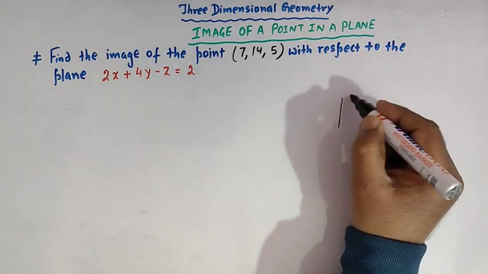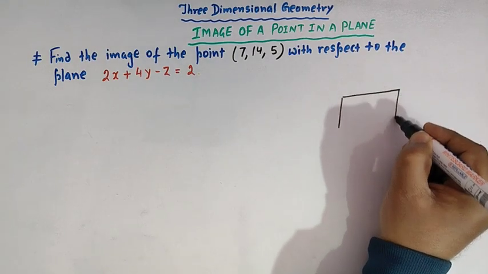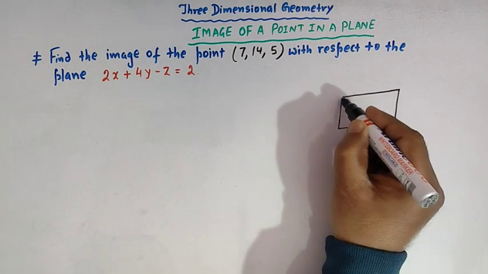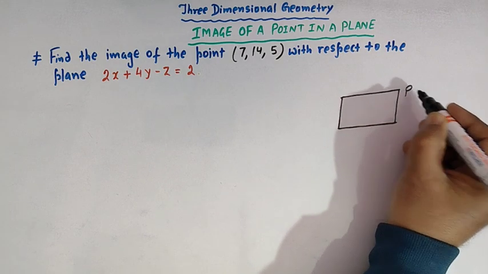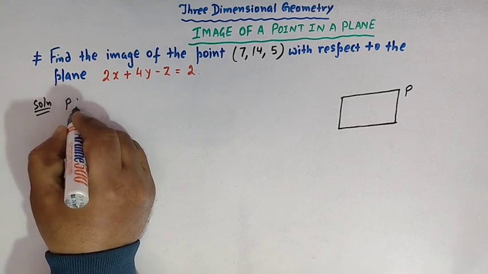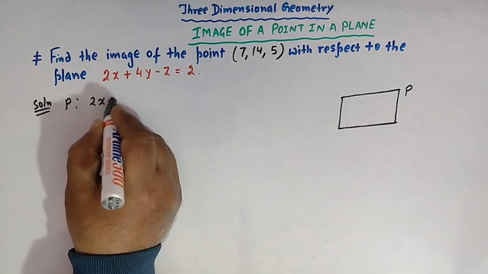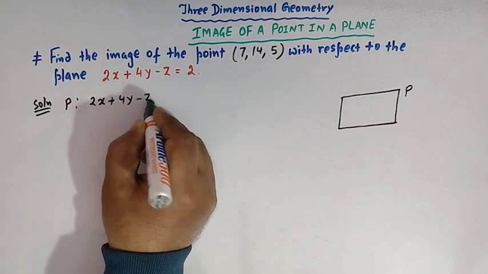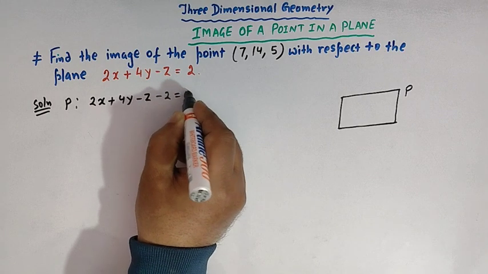Here we have a plane. This is the plane P, and the equation of the plane P is given as 2x + 4y - z - 2 = 0.